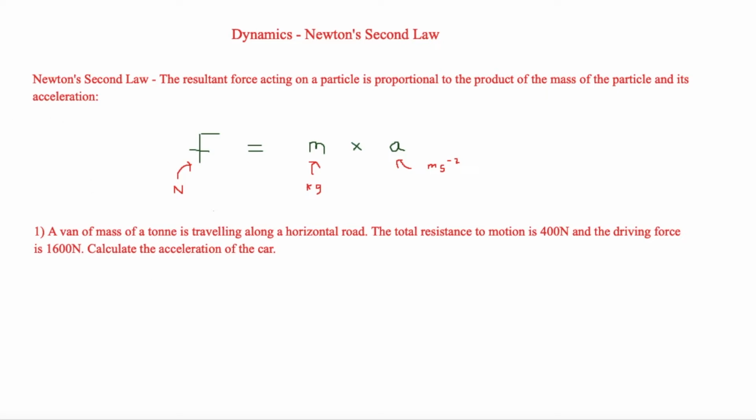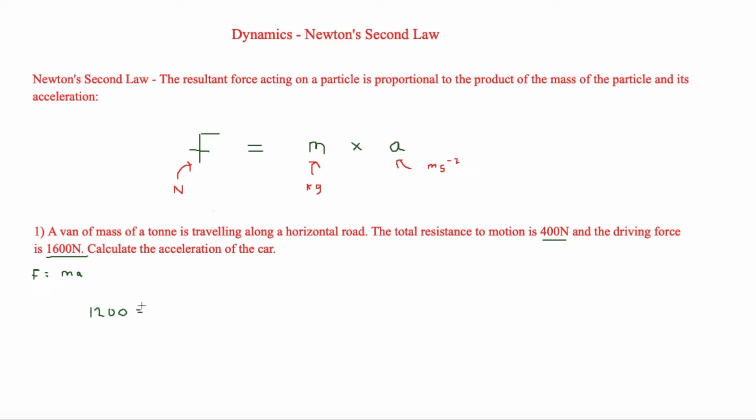The first thing we can write is F equals ma. Then we see which of these we have. The resultant force is the driving force, 1,600, take away the resistance force, so F is going to be 1,200.